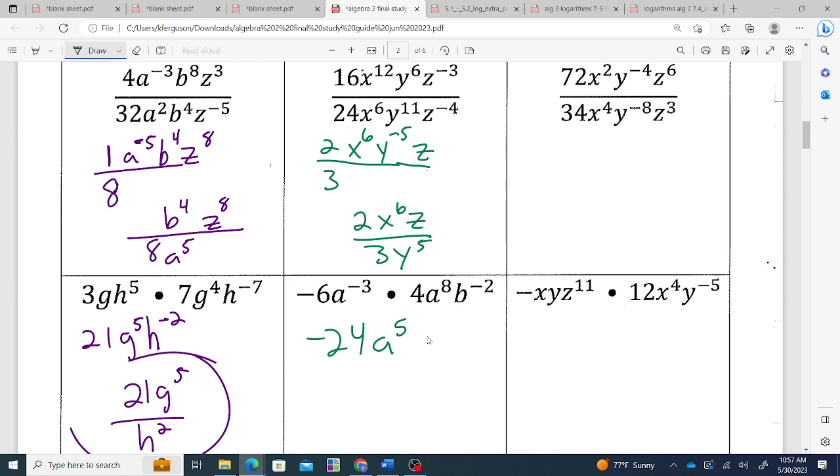And then I got b to the negative 2, because there's nothing I'm multiplying it by. There's no b over here.